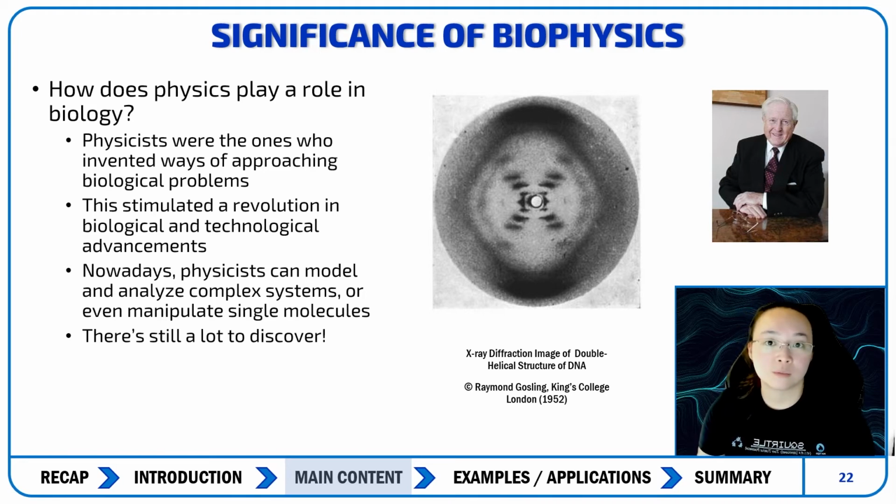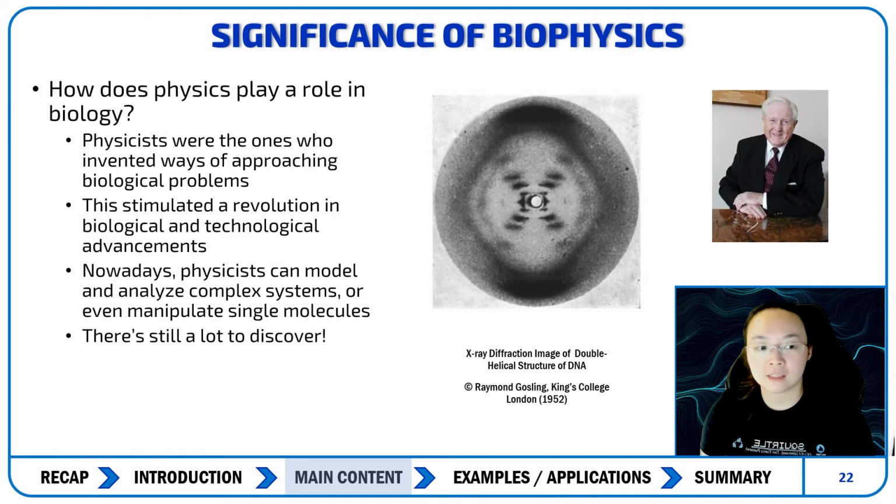So physicists were one of the first ones who invented ways of approaching biological problems that could be very simply solved with a microscope or visual observations. A physicist tends to bridge the worlds of theory and experiment, and that's where biophysics was born.